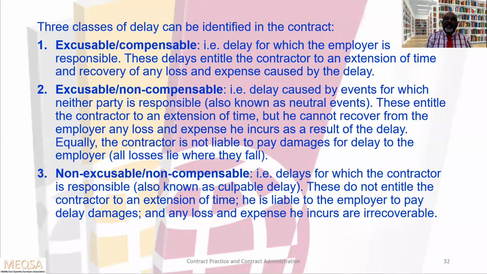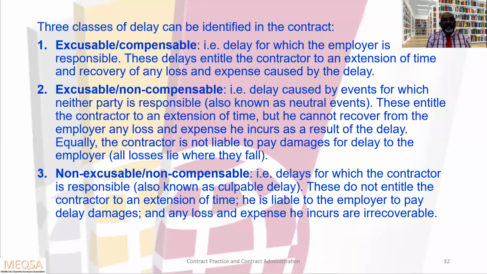That is, delay caused by events for which neither party is responsible, also known as neutral delay or neutral events. These entitle the contractor to an extension of time, but he cannot recover from the employer any loss and expenses he incurred as a result of the delay. Equally, the contractor is not liable to pay damages for the delay to the employer. All losses lie where they fall.